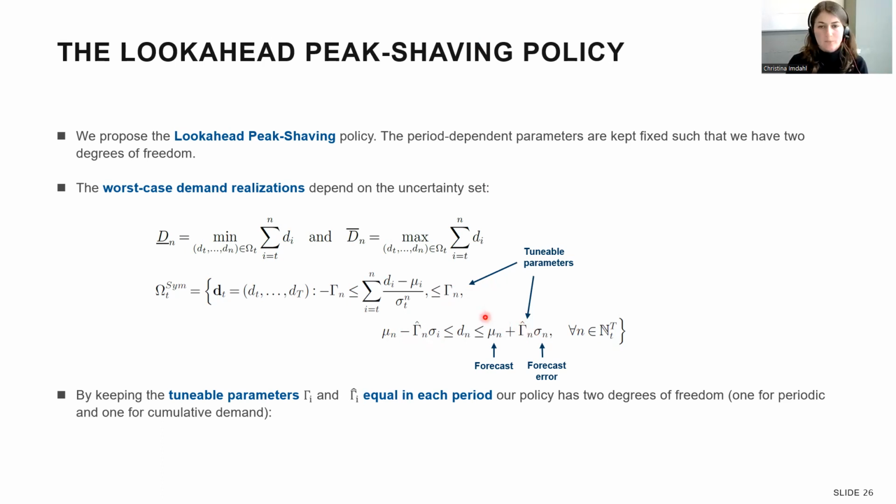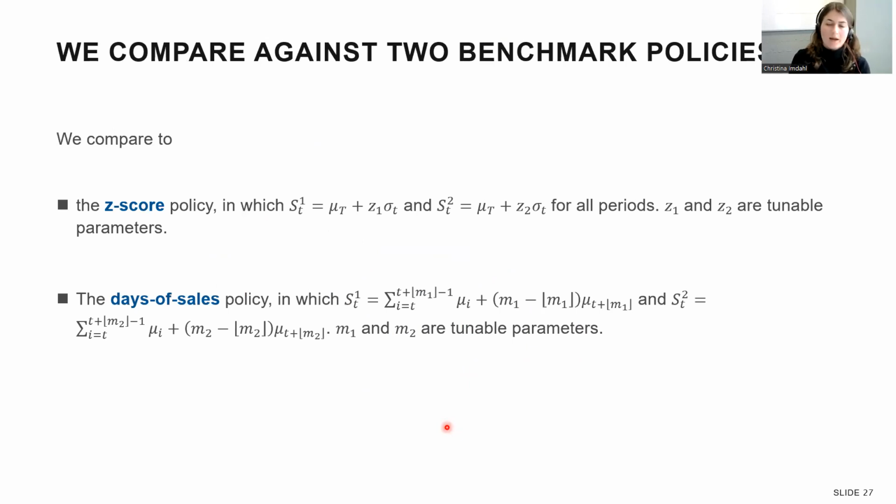When we later come to our empirical study, for future demand we use the mean demand, the forecast, and we estimate the standard deviation with the forecast error from the past periods. So we actually use a MAPE to estimate the standard deviation of the forecast. And we compare to 2 benchmark policies that we also discussed with the fast-moving consumer goods manufacturer.